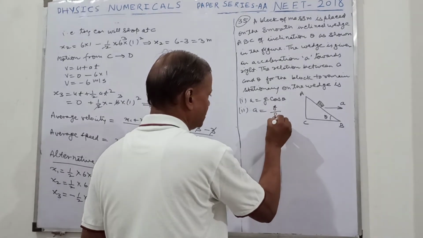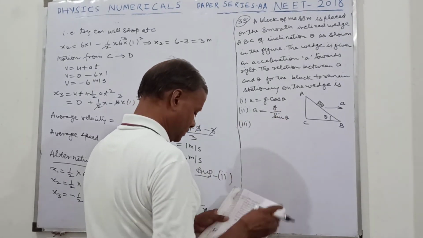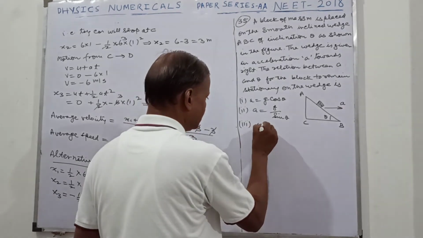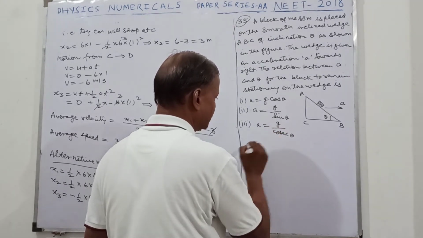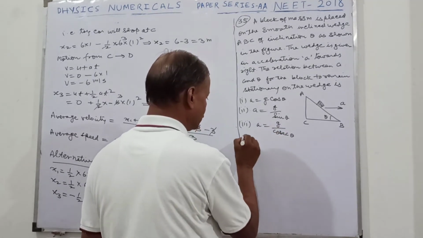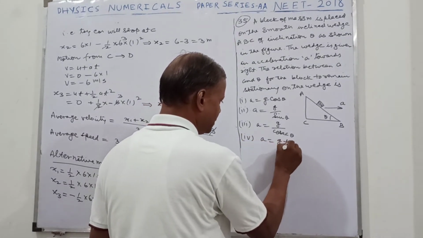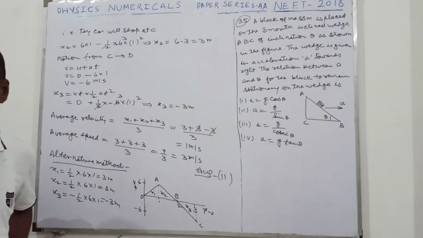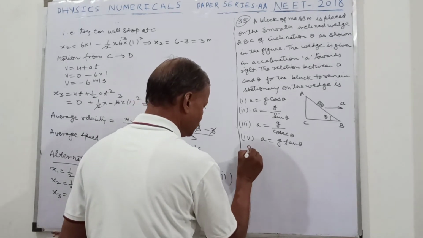And third is A equal to g upon cosec theta. And now the fourth option is A equal to g tan theta. These four options are given here. Now the solution.